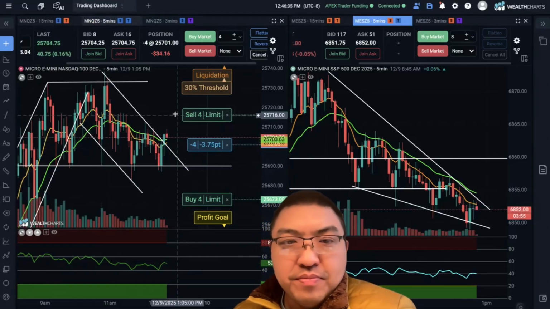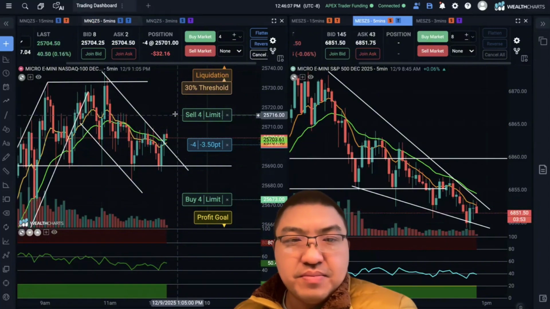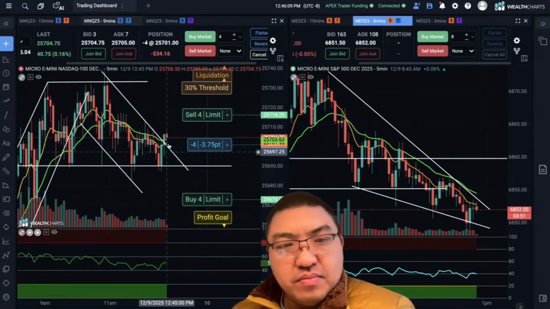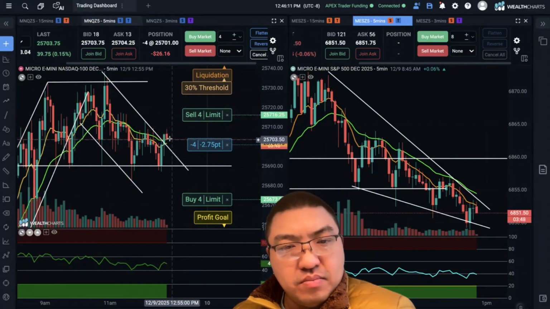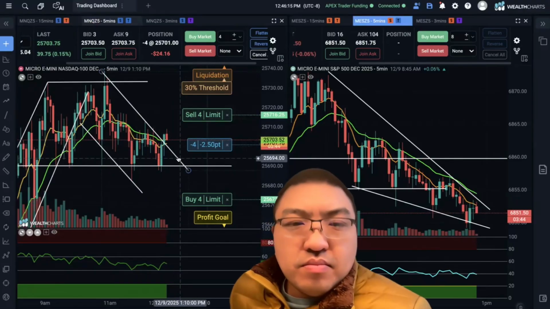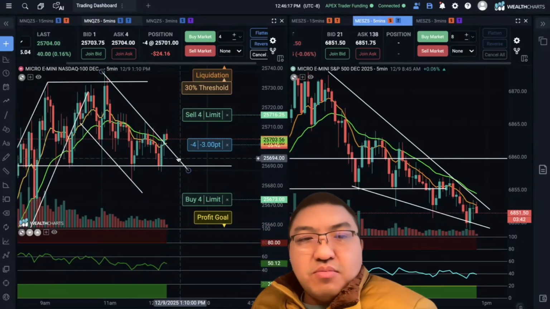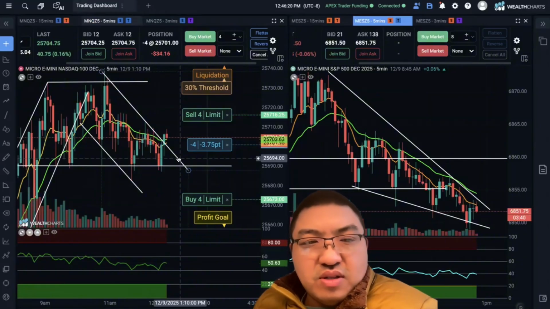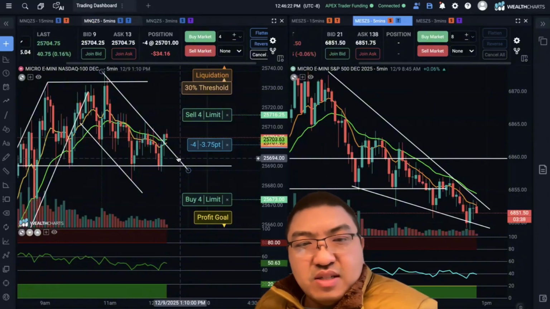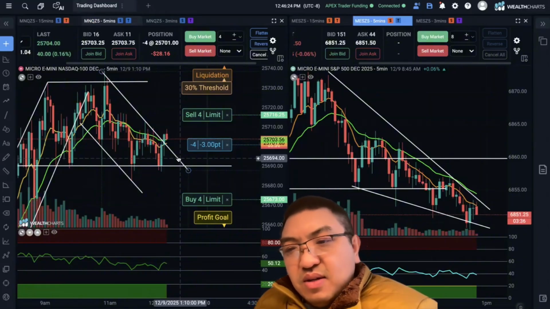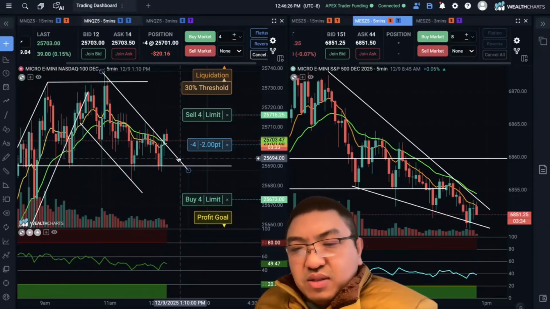Hmm? Reduce rather. But it does not mean the sellers have zero control. This is more like a retest. It does not cover the previous upward candle.